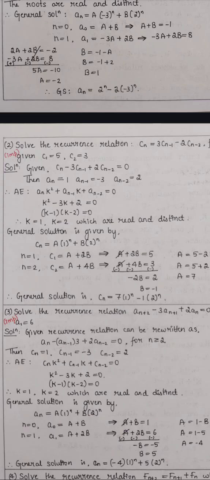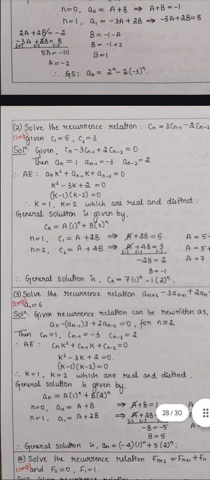So the auxiliary equation is an k square plus an minus 1 k plus an minus 2 equals 0, that is k square minus 3k plus 2 equals 0.